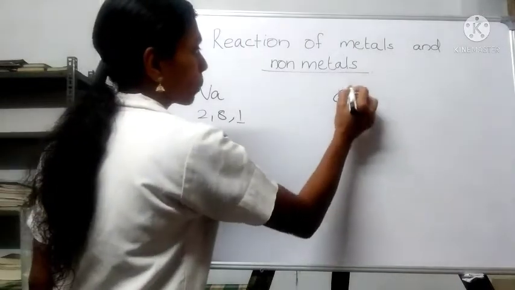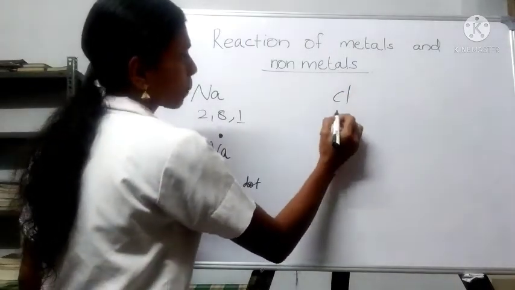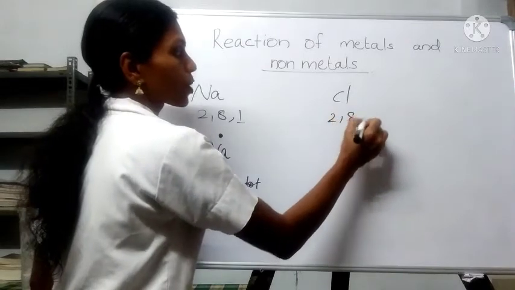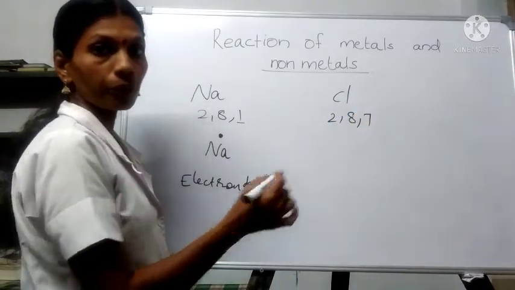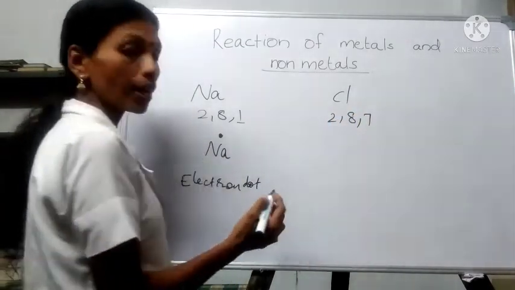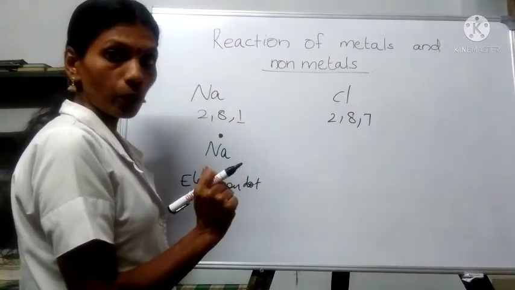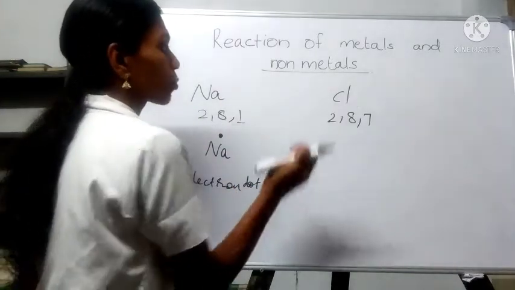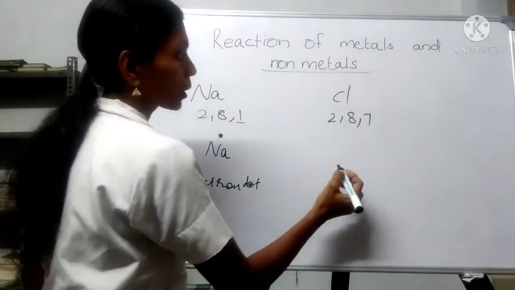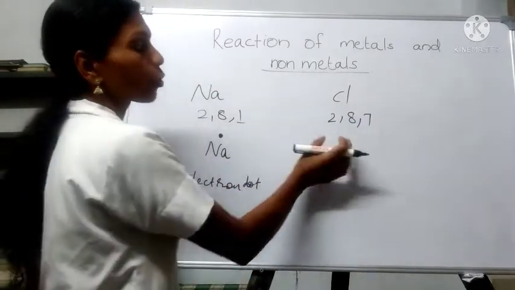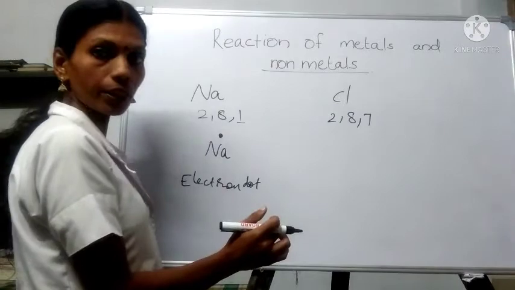Then what about chlorine? Chlorine, the atomic number is 17. So its electronic configuration is 2, 8, 7. It contains 7 electrons in the last shell. It requires only 1 more electron, isn't it? And how can we show the electrons in the chlorine atom? For our convenience, we are drawing only these 7 electrons present in the chlorine atom.